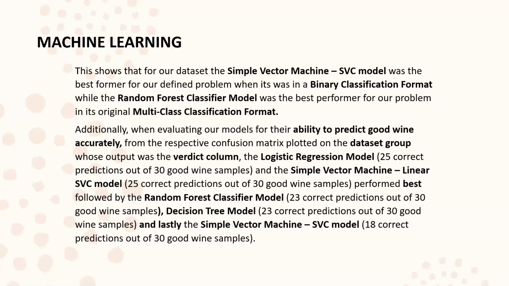Additionally, when evaluating our models, we checked them for the ability to predict good wine accurately. Sorry, I'm running a bit on time, but we checked this from the confusion matrices. This was not shown here. Maybe later on I'll change the screen and show you.